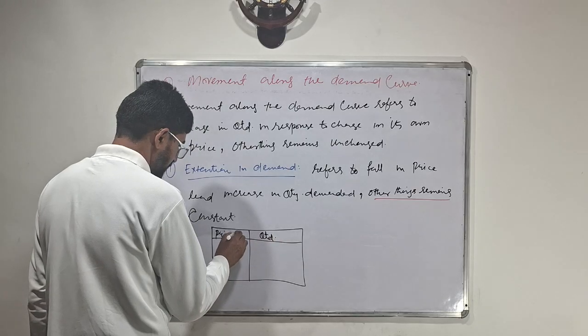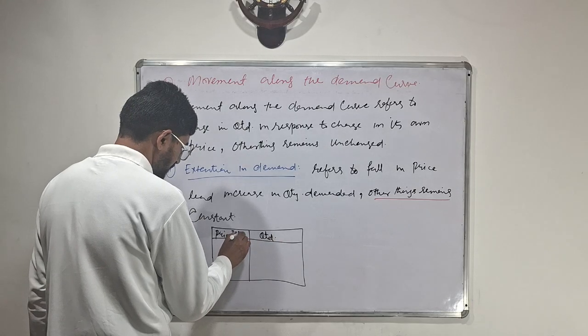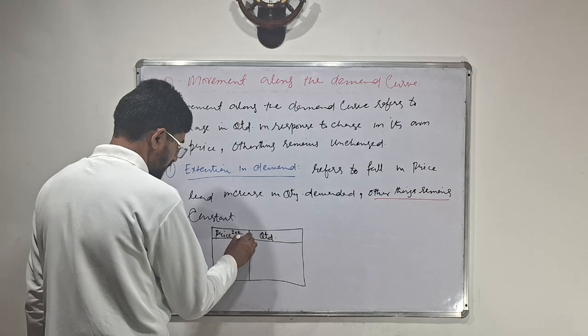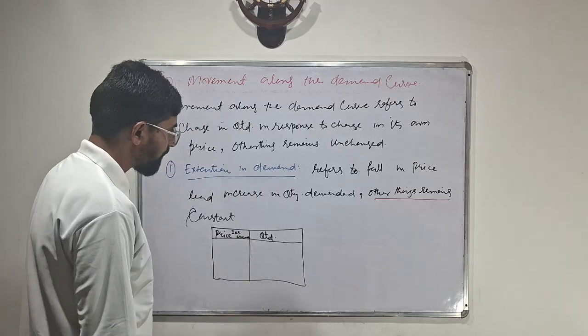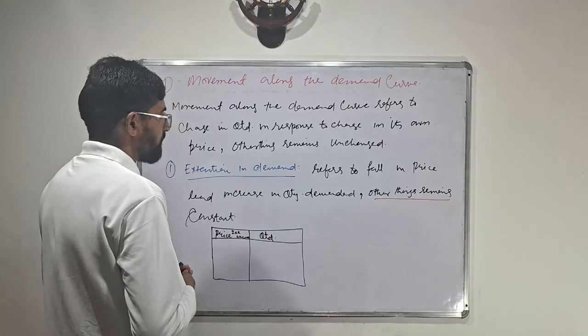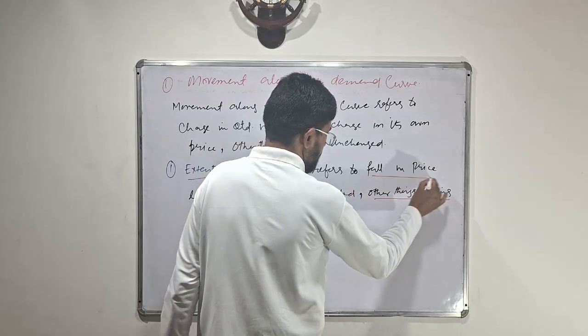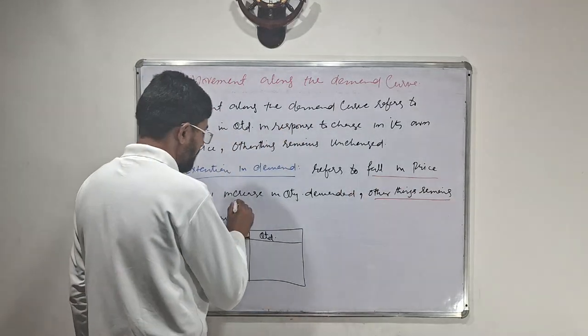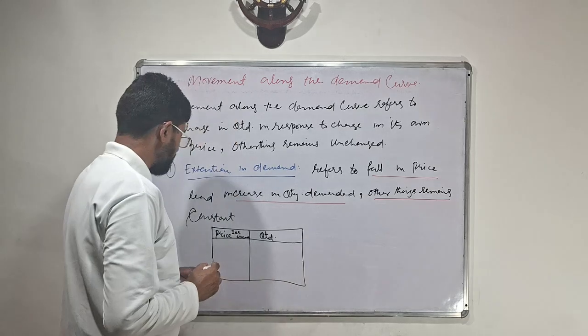Price of ice cream, for example. Here I write fall in price and increase in quantity demanded.